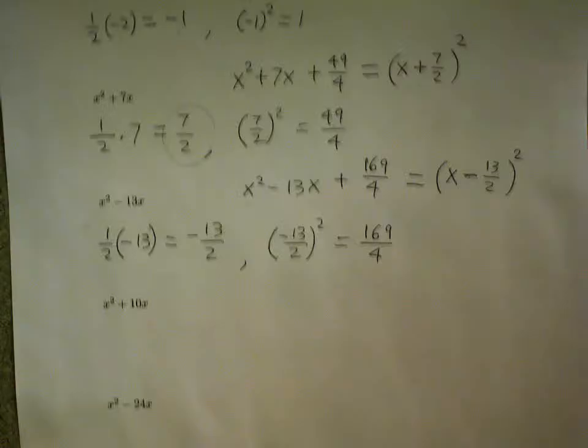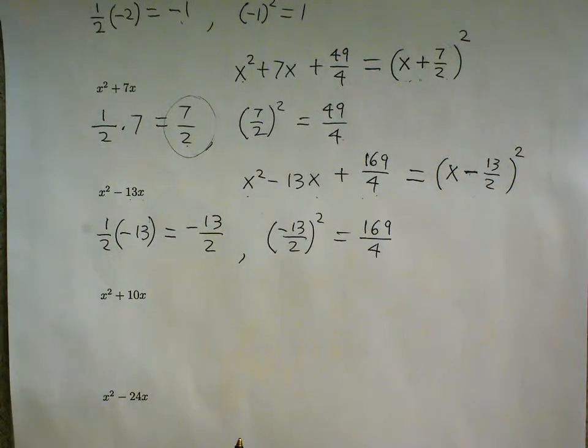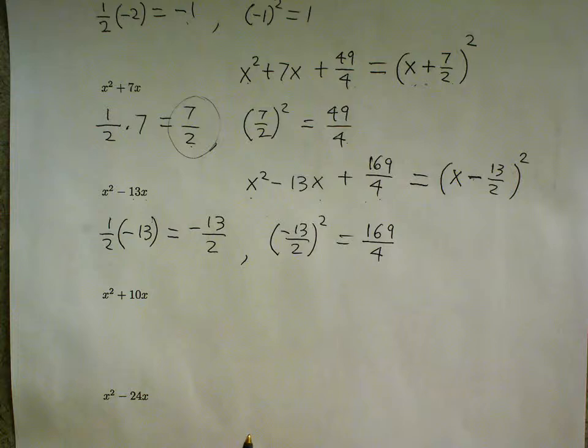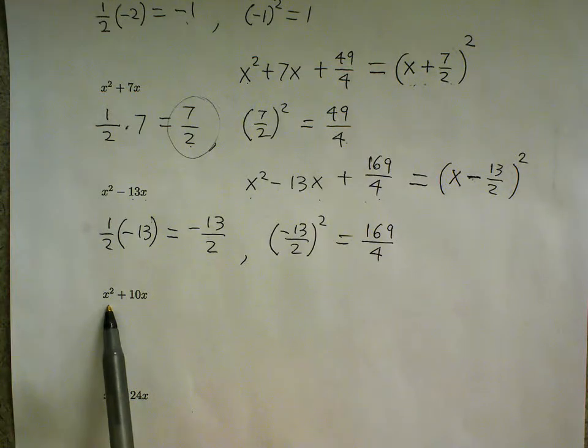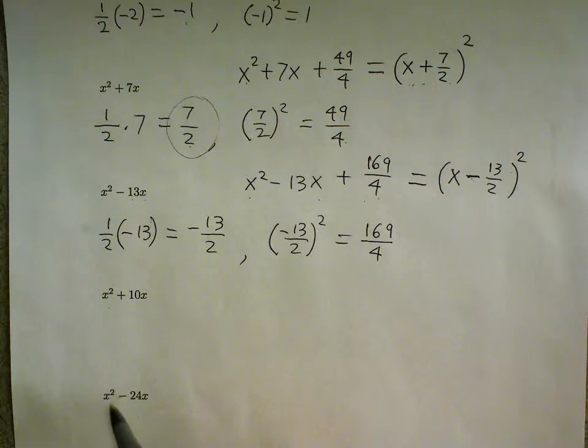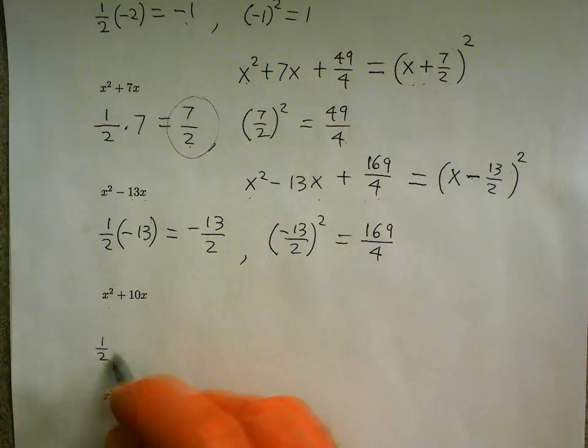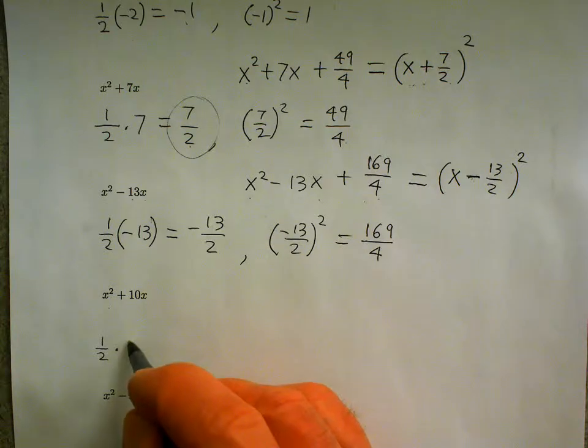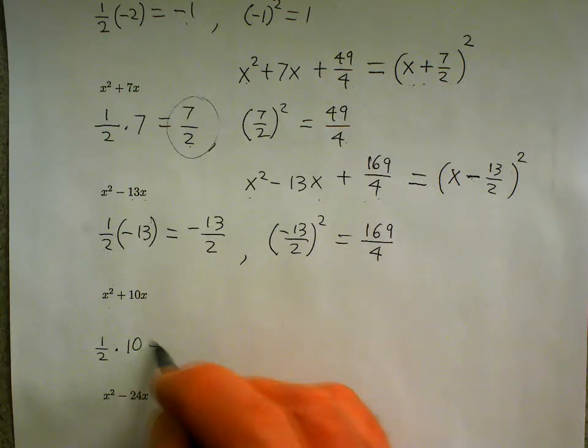Okay, in the next example, x squared plus 10x. The coefficient of x squared is 1. So in our process of creating a perfect square trinomial, we take 1/2 of the coefficient of x. 1/2 times 10 is 5.